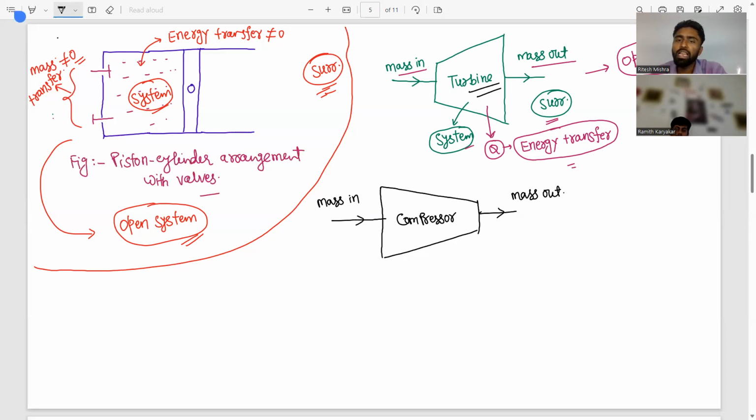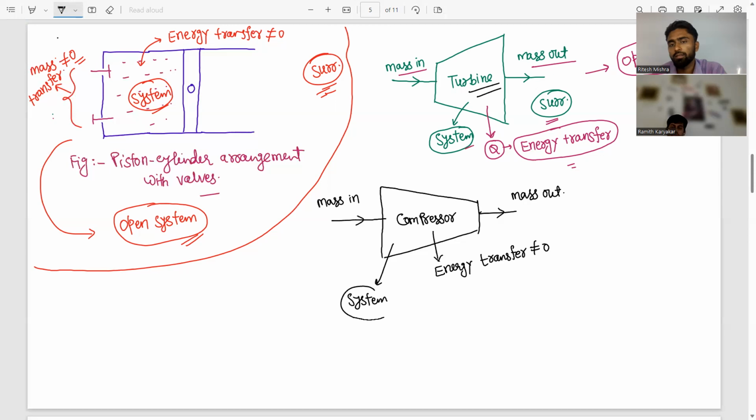And also here, there will be energy transfer. So this compressor is also your open system.